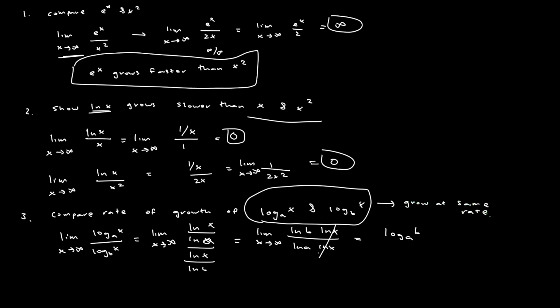All right, so we've seen a good amount of examples of us comparing rates of growth. And there's an important property that can help us easily simplify certain problems. And this is the transitivity property of growth rates.